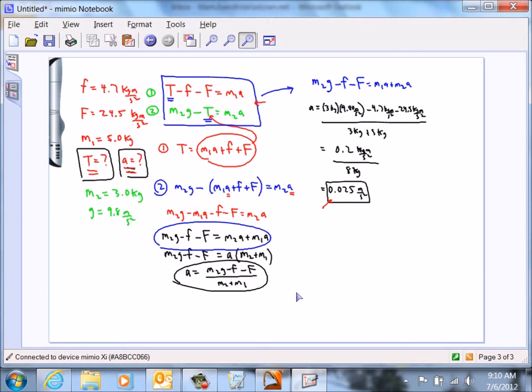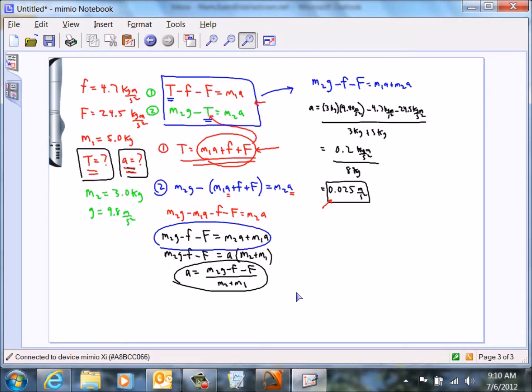In fact, I'm going to do that right here where I already have equation 1 solved for T. That says that T is equal to M1A plus little f plus big F. So since it's already solved for T, I might as well use it. T is equal to M1. M1 was 5 kilograms times A. A we just figured out was 0.025 meters per second squared. Plus little f.